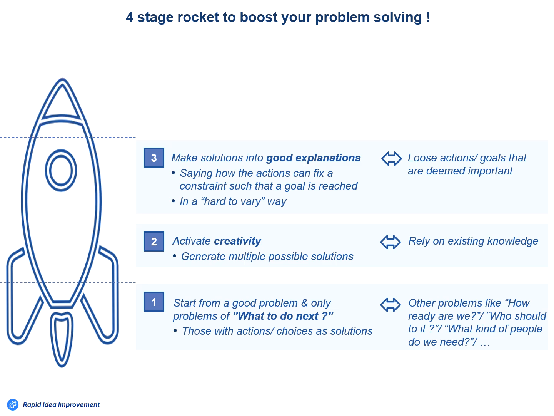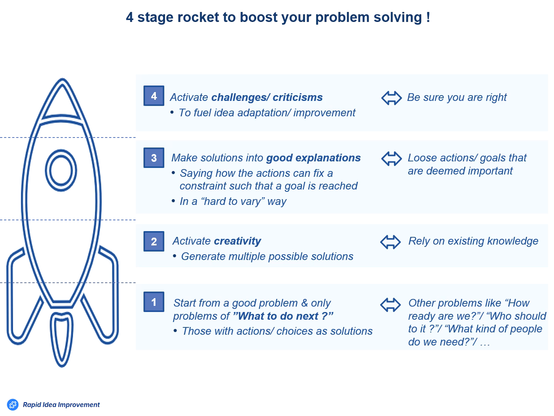And then the last part is where the criticism and the critical thinking comes in. So you activate challenges and criticisms, which is basically taking your explanation and submitting it to criticisms. And those are arguments for why those explanations can still result in undesired consequences. So consequences that do not correspond to the goal, to the improvement that you want to achieve.